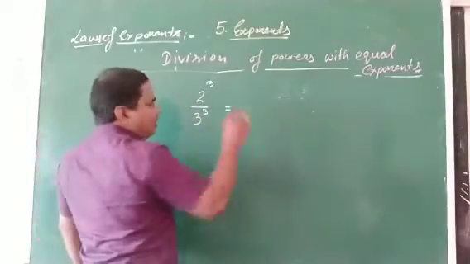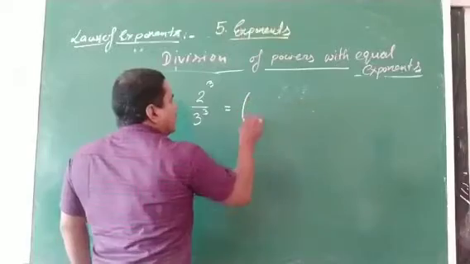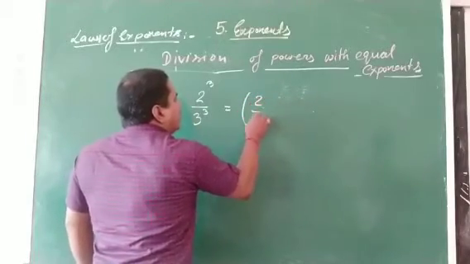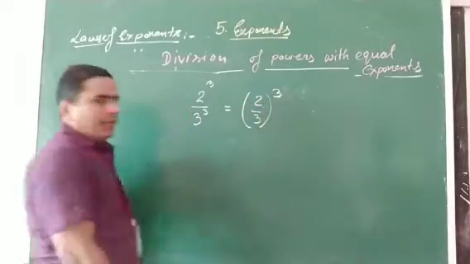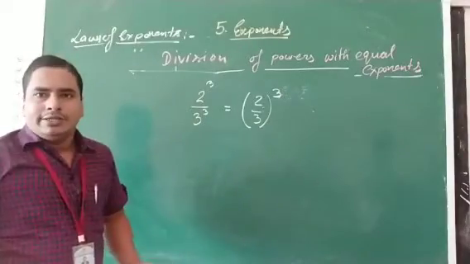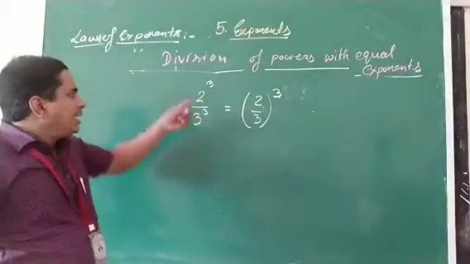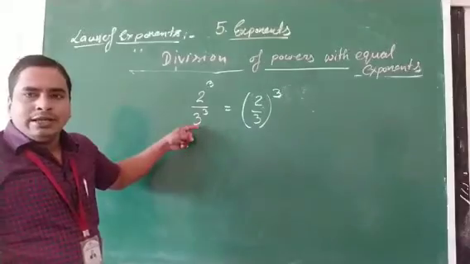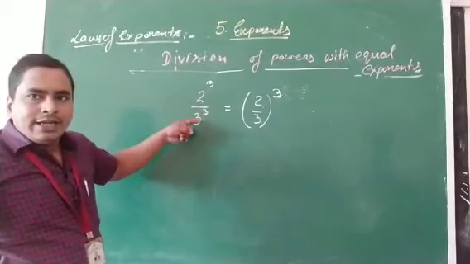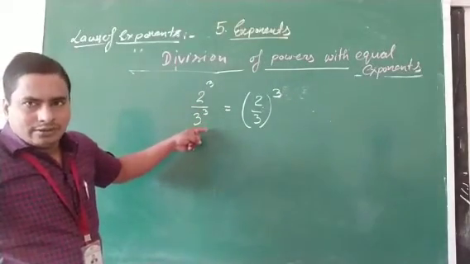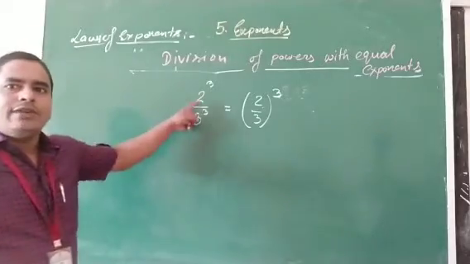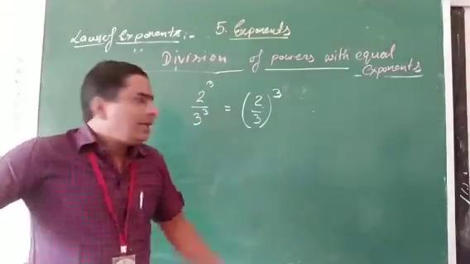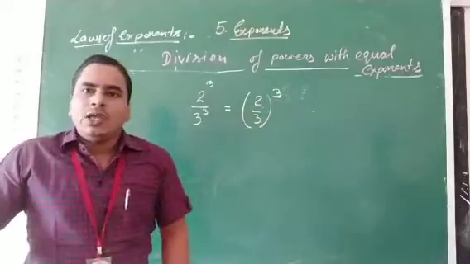So in the result, what will be the answer? 2 by 3 to the whole power 3. Meaning if two bases are divided with the same power, then in the result the power will be common.